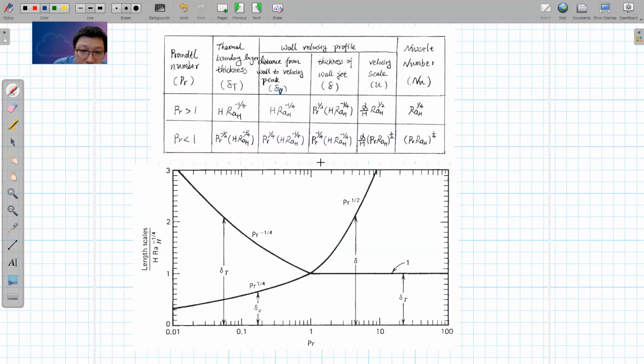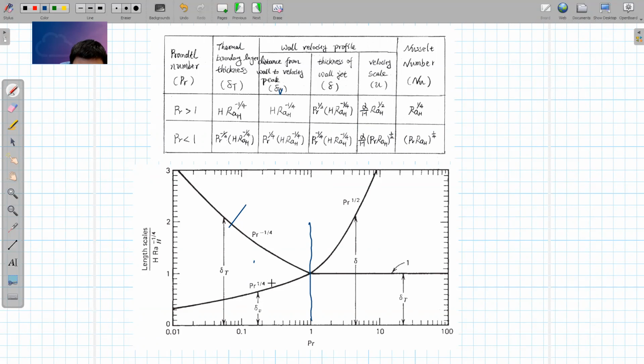So this is the final result here. And this is a picture from the textbook. This is when the Prandtl number is smaller than 1, in this region. This curve tells you what delta T, the thermal boundary layer thickness, will be.